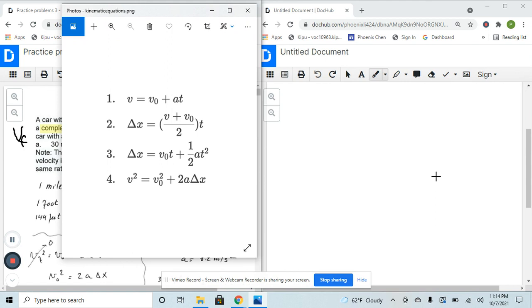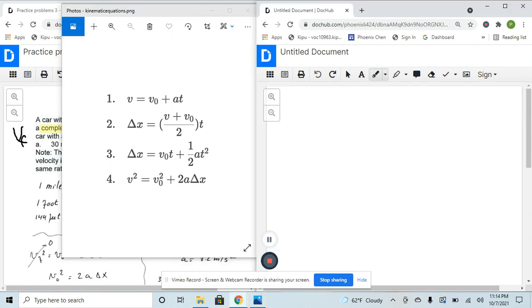So again, our equation is v squared, which can also be known as Vf squared, our final velocity squared, is equal to our initial velocity squared plus 2 times acceleration times our displacement.